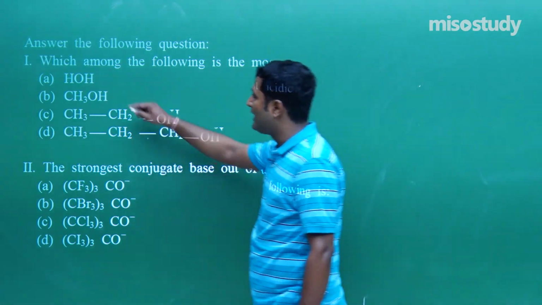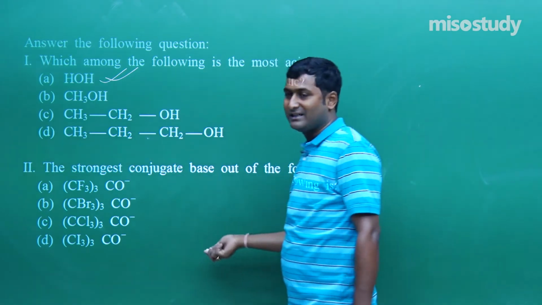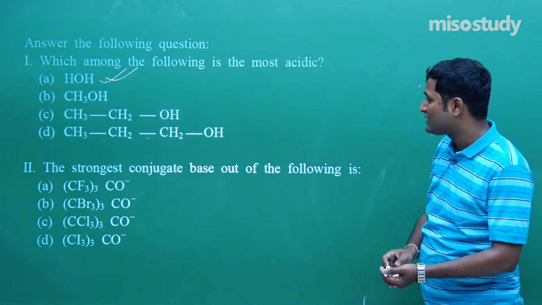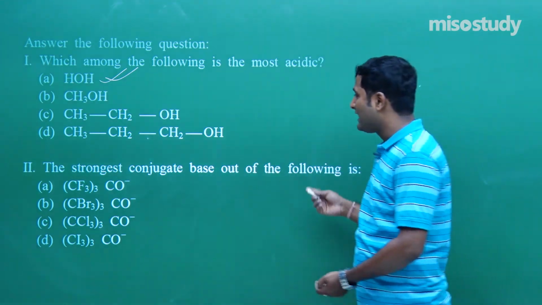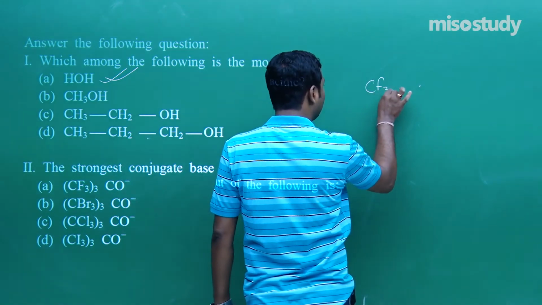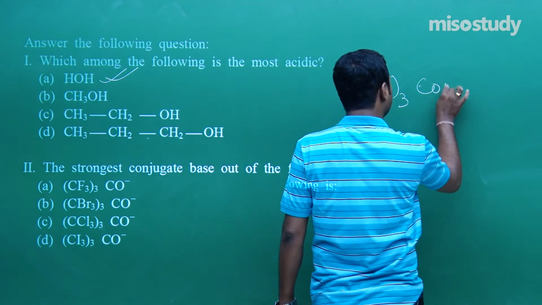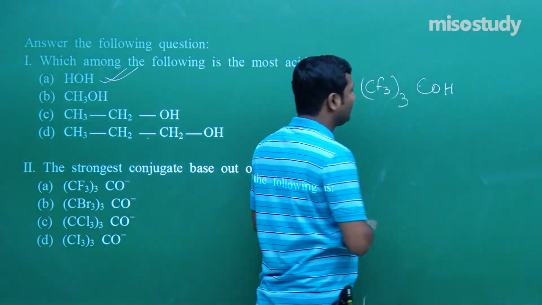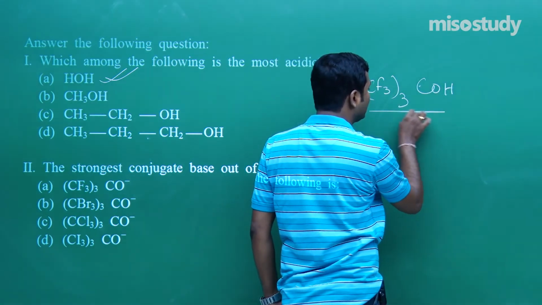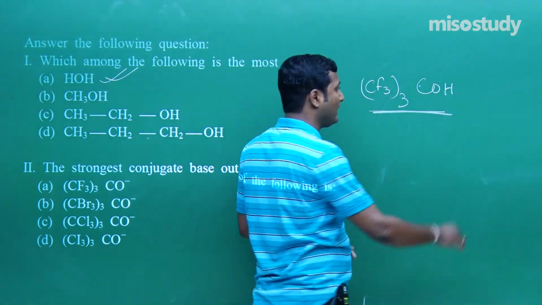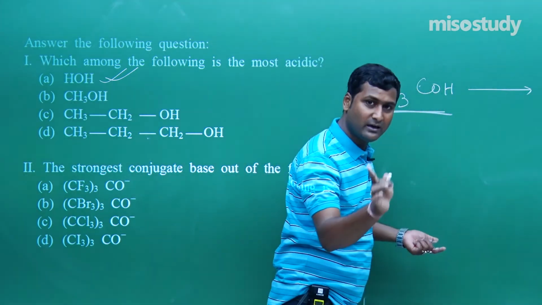As I told you, HOH, water, is more acidic than alcohol. Rest alcohol, the strongest conjugate base. As I told you, if (CF3) whole thrice then COH, like this, this one is a strong acid, so its conjugate base will be weak.